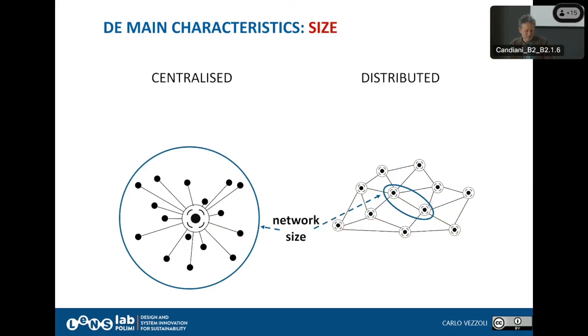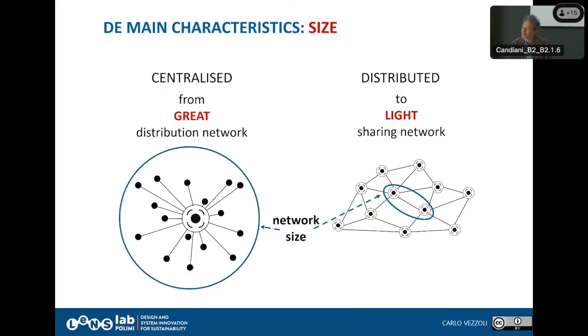Another thing in relation to size is the network. In the centralized system, we have a great distributed network, and we can move to a light sharing network.